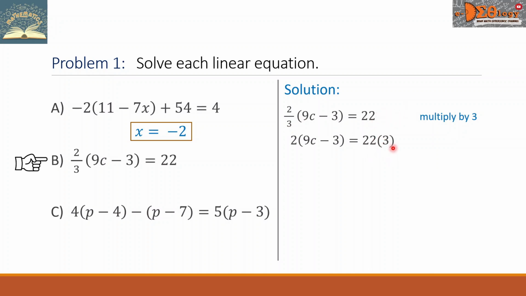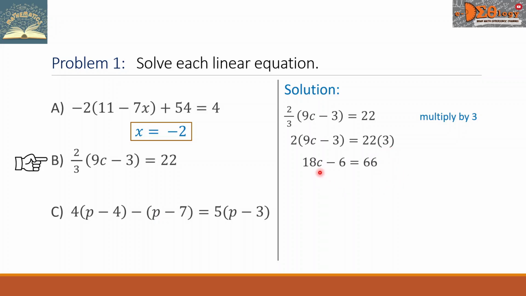So 22 times 3. And this numerator 2 shall be multiplied with the binomial. Let us now simplify both sides. 2 times 9c is 18c. 2 times negative 3 is negative 6, equals the right side, 22 times 3.